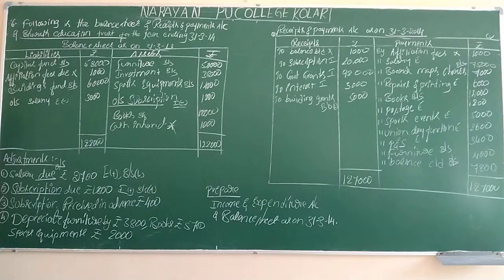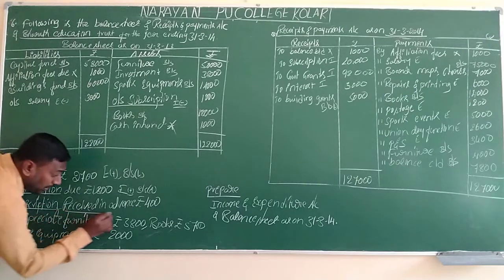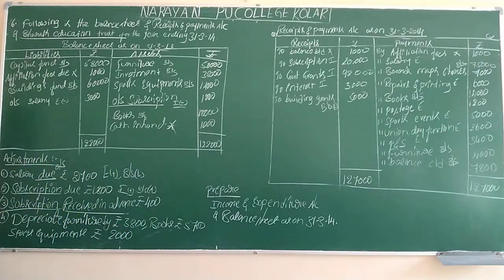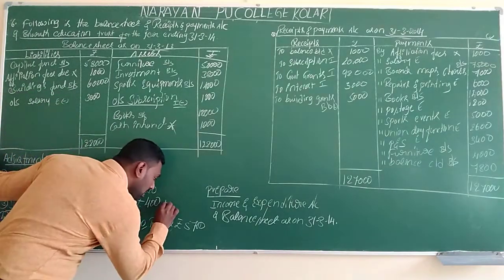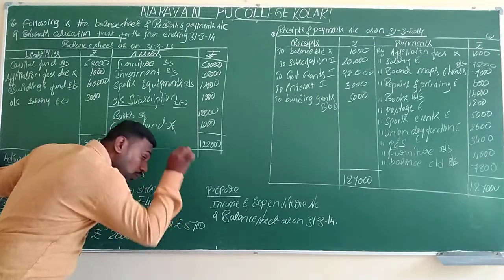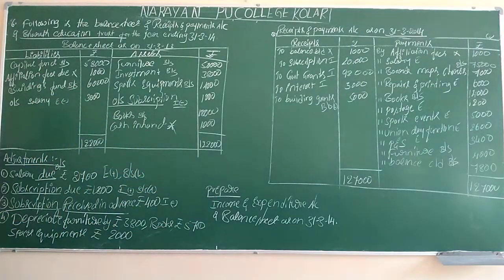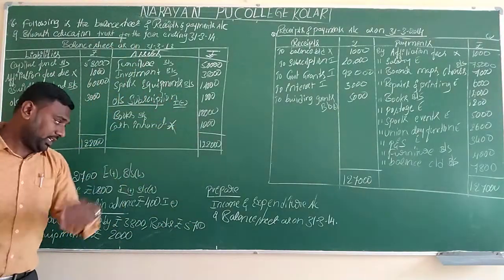Next is another, the third adjustment. Subscription received in advance. Received in advance is nothing but pre-received subscription. So subscription is income, but in advance we are receiving the subscription for the year 2015.